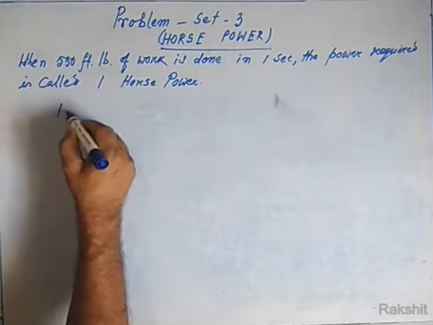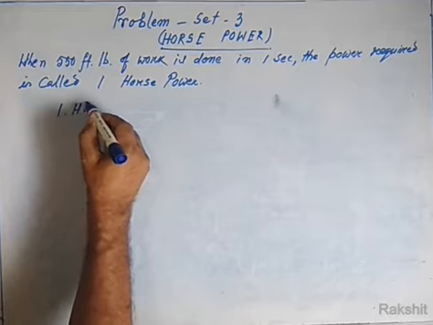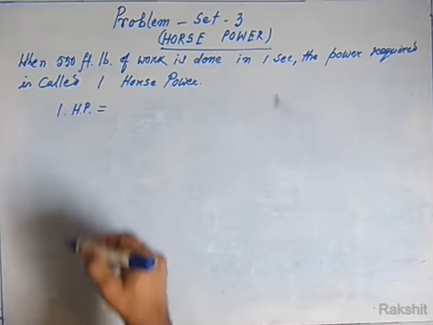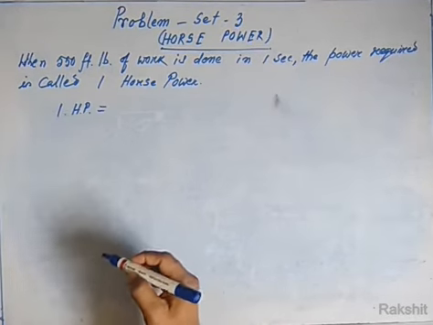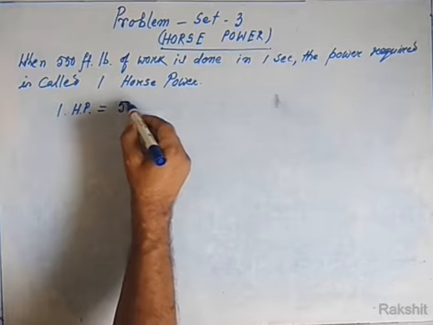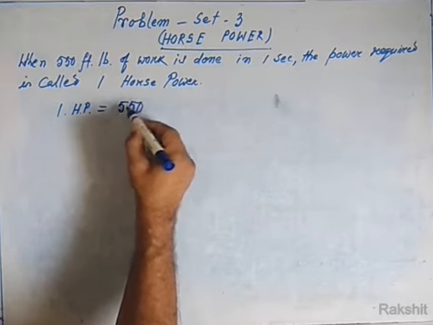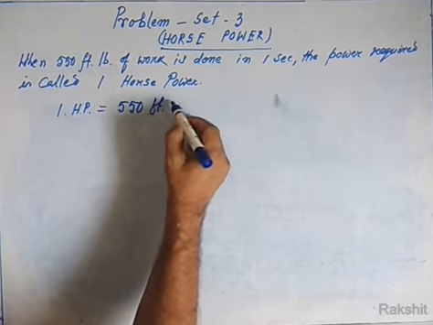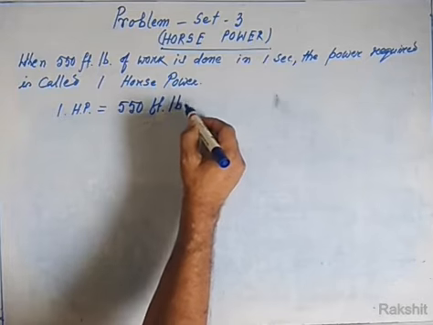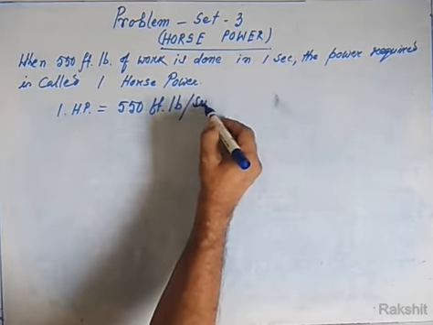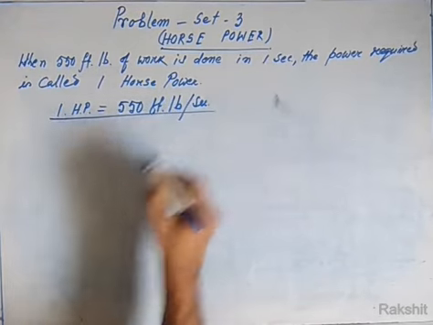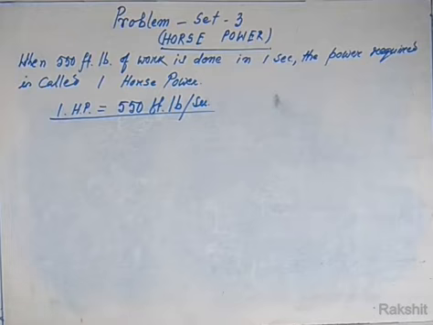So 1 HP is equal to 550 foot-pound per second. To solve the problems related to horsepower, a very simple problem is given here.